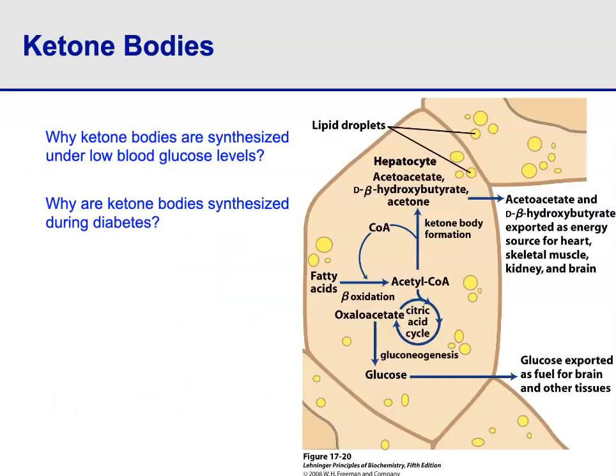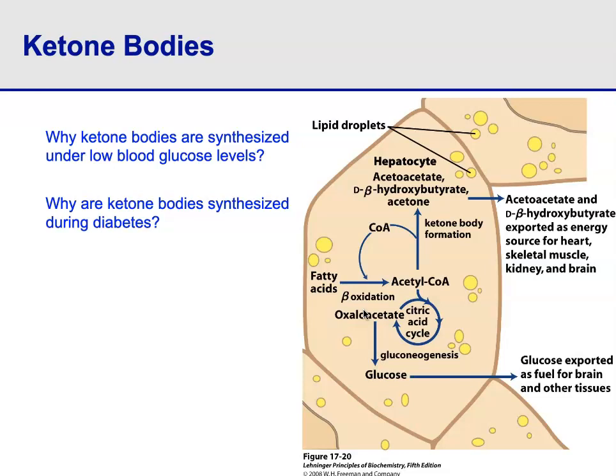All right, so why are ketone bodies synthesized under low blood glucose levels? It's a great question. I think I pretty much answered it, but I really love this figure because it shows in greater detail why this is actually happening. All right, so when we have low blood glucose level in the liver, that stimulates gluconeogenesis.